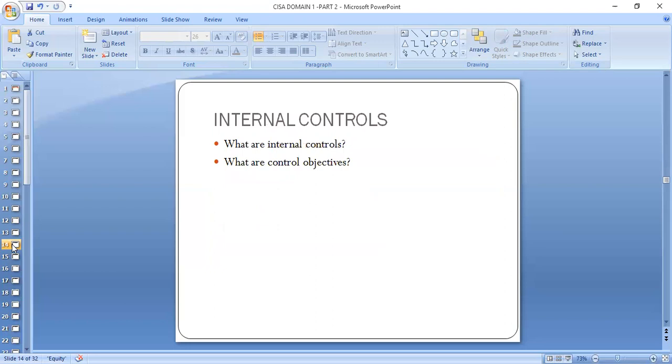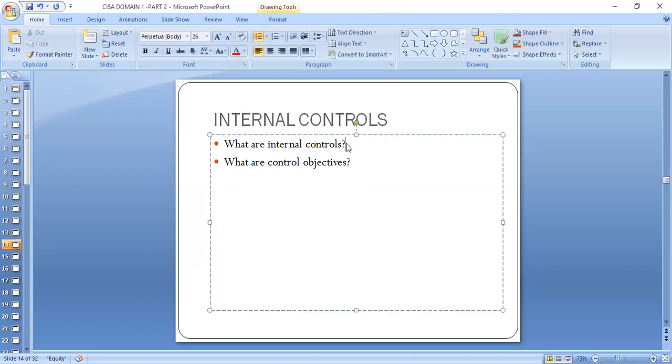Now, let's talk about internal controls. I love controls. What are internal controls? Internal controls are simply procedures, policies, activities, rules and guidelines put in place by an organization to ensure that what is allowable in the organization is communicated and enforced.